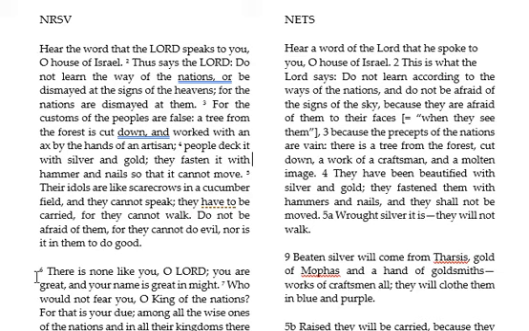Promoters of the King James Version would say, why do you want to read another Bible that doesn't have these important verses?